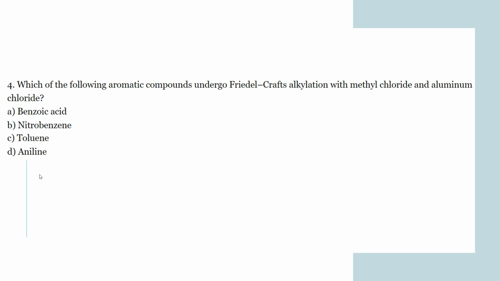What happens in Friedel-Crafts alkylation? It is an electrophilic substitution reaction. So, for an electrophilic substitution reaction, the attacking aromatic ring must be electron rich, because in the course of the reaction we are going to attack the positively charged electrophile.